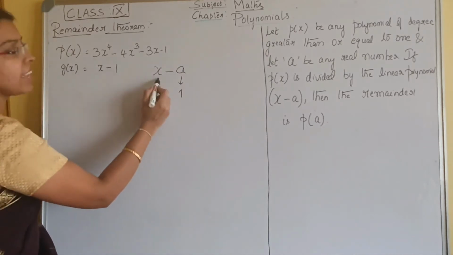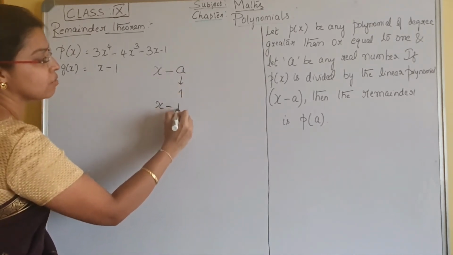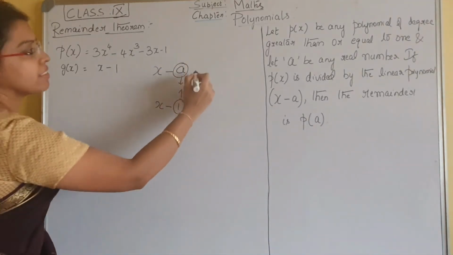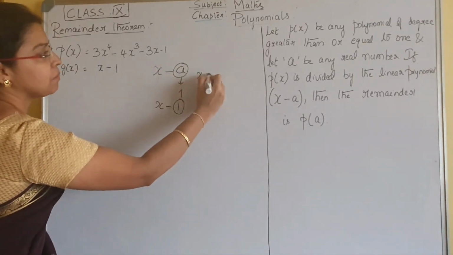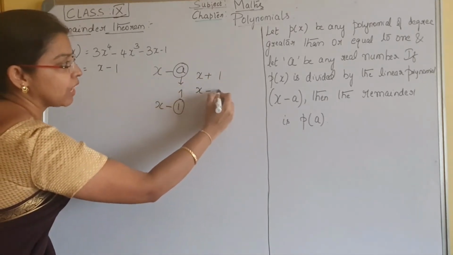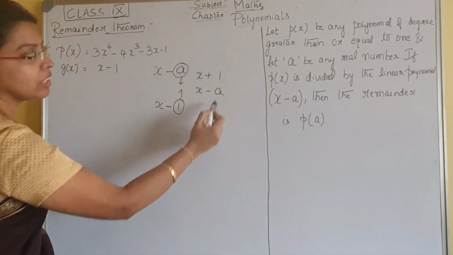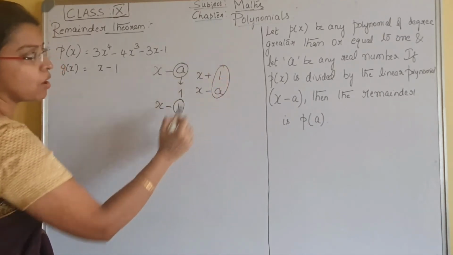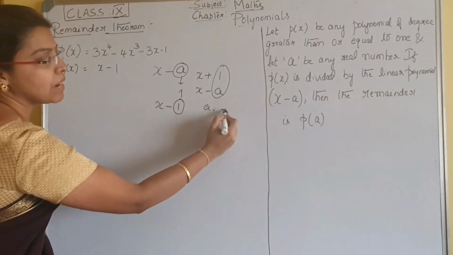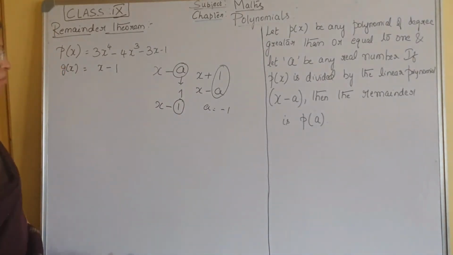When we compare x minus a to x minus 1, a is 1, okay? And if we had x plus 1 in place of x minus 1, we compare that to x minus a according to the theorem, and a will be minus 1.